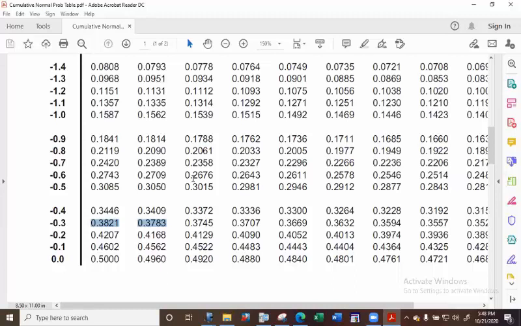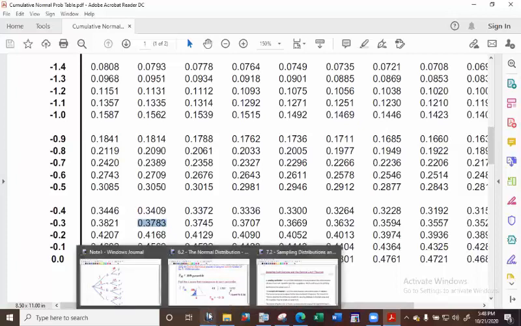For 0.38, it's like 21 away from this one, but only 17 away from that one. So I would pick this one. But it's not going to be much difference if you pick the other one, because you're in the right area. Technically, we would pick the closest one, but it's not going to be a tragedy if you don't. You just don't want to pick something way off from it.